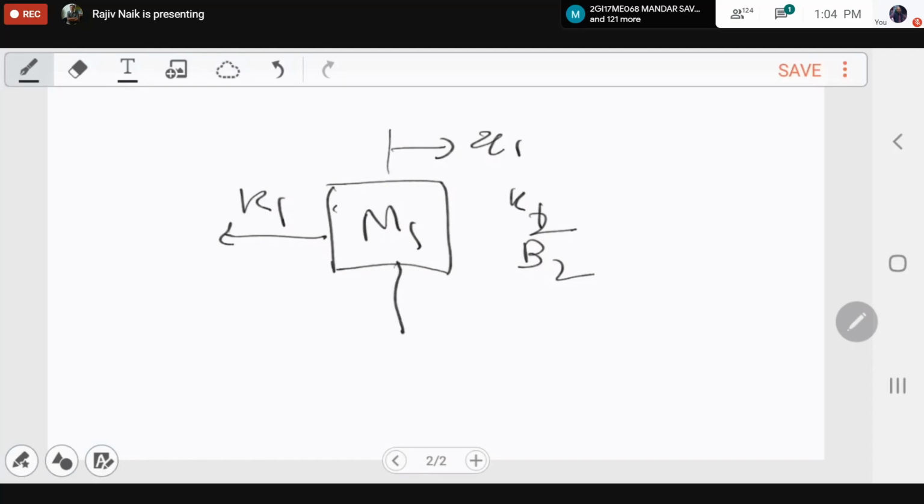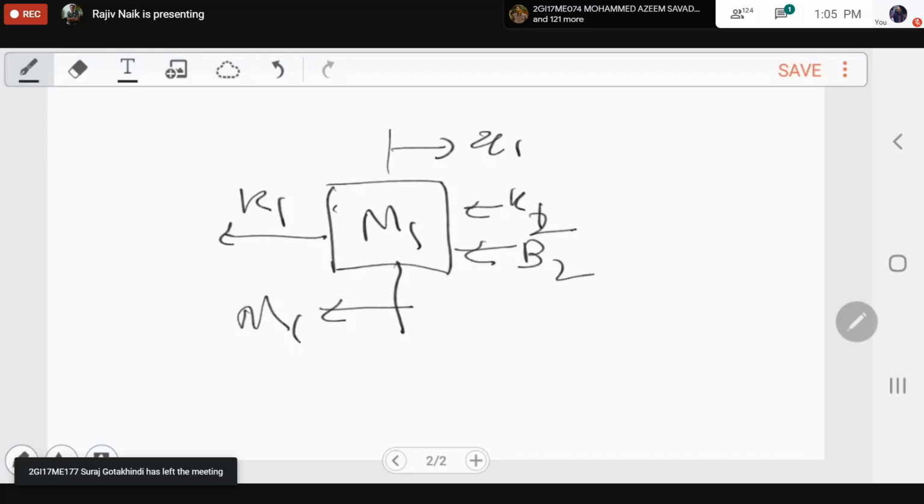Similarly, the mass has an inertia force which is towards left because it will also try to move towards left. Similarly, the spring force K2 and damper force B2 are also towards left because they are all opposing. Hence, now I will draw the free body diagram for this particular thing.